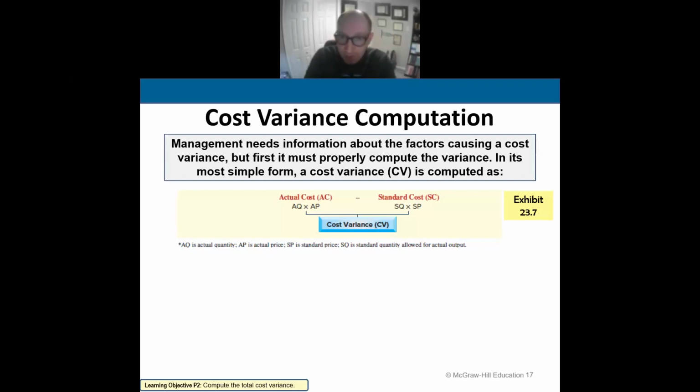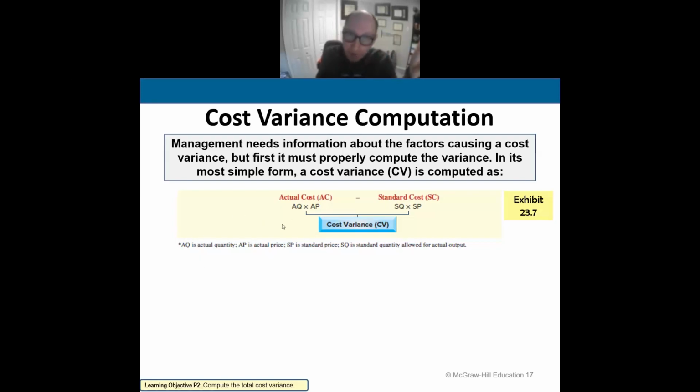Makes sense, right? The standard quantity times the standard price will give you the standard cost, or the budgeted cost, whatever you want to call it. We take the actual cost minus the standard cost to get our total cost variance.